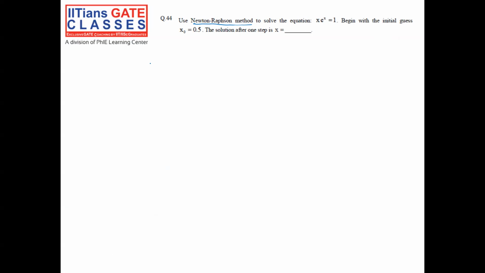Okay, so here x e to the power x minus 1 is our f of x. F dash of x in this case is equal to x e to the power x plus e to the power x. Okay, or we can write it like this also. X naught is equal to 0.5.